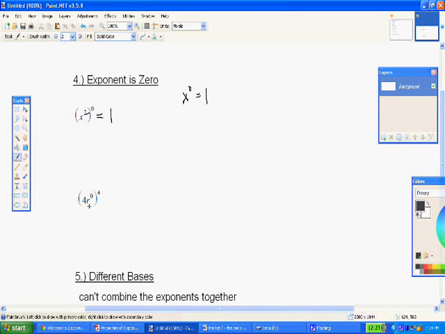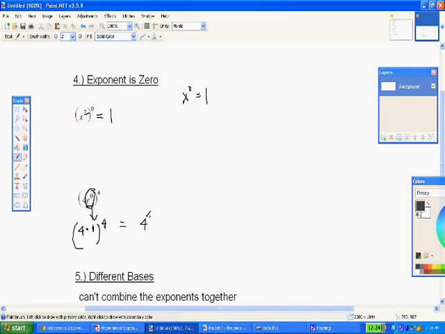Okay? Now what happens if only part of the expression has the exponent of 0? Well, this part right here, whatever is attached to this exponent, becomes the 1. And then this parentheses actually becomes 4 times 1 to the fourth.